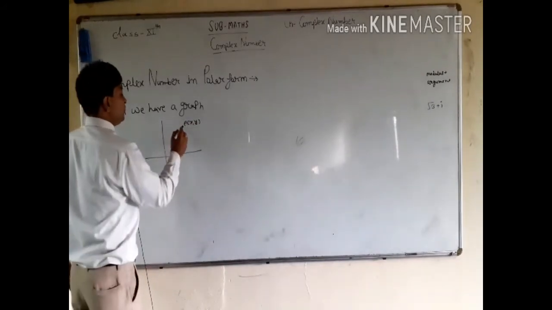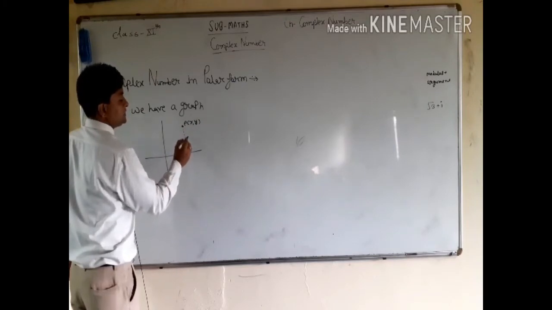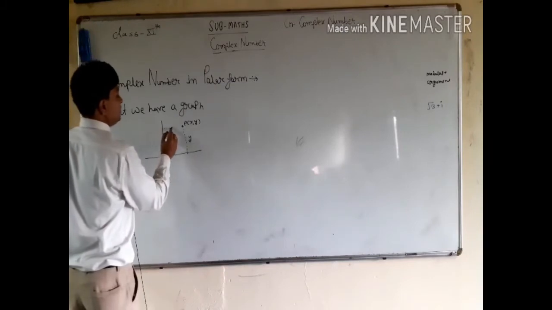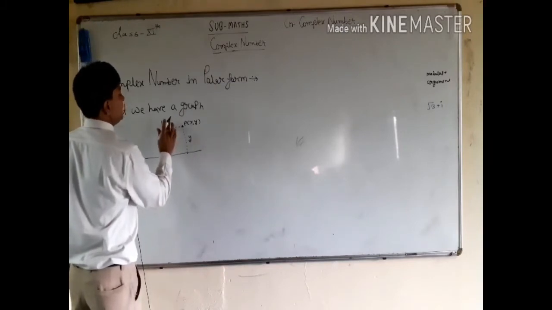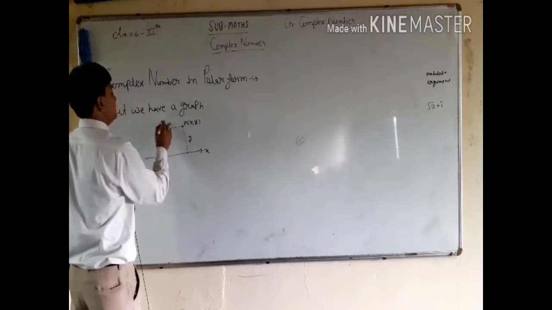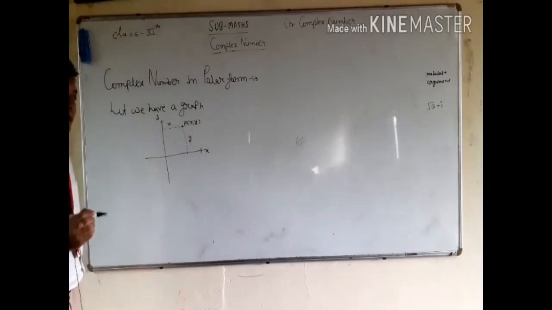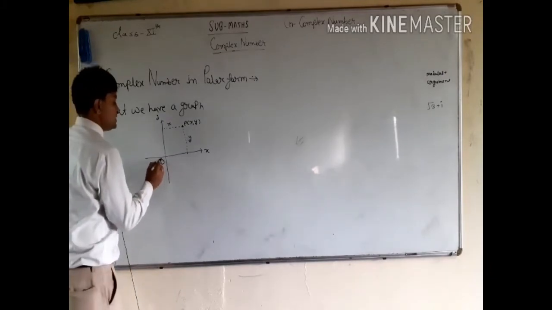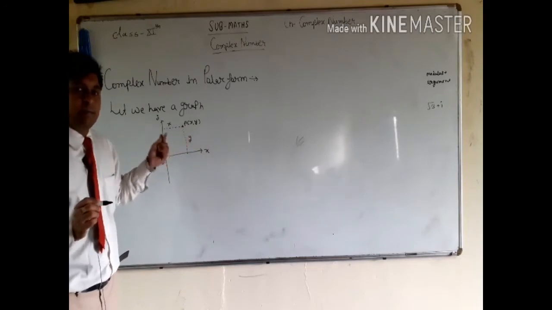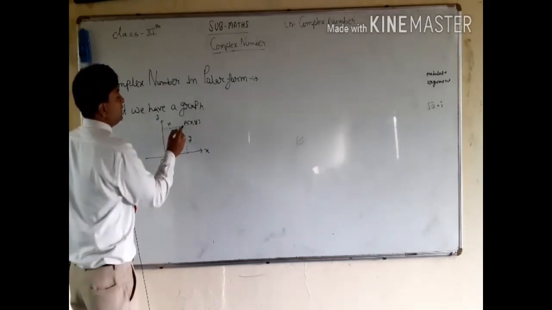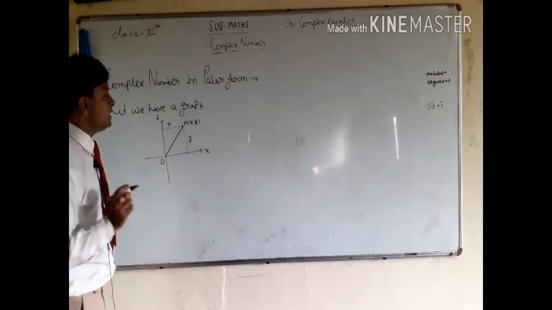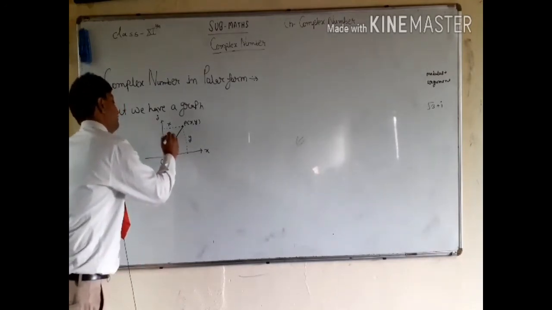The distance from the x-axis is y and distance from the y-axis is x. So this is the x-axis, this is the y-axis and this is the origin of this graph. And P(x,y) is the given point. So the distance OP. The distance OP is r.